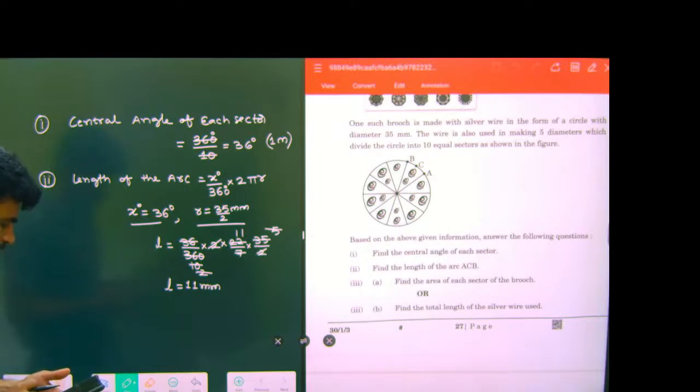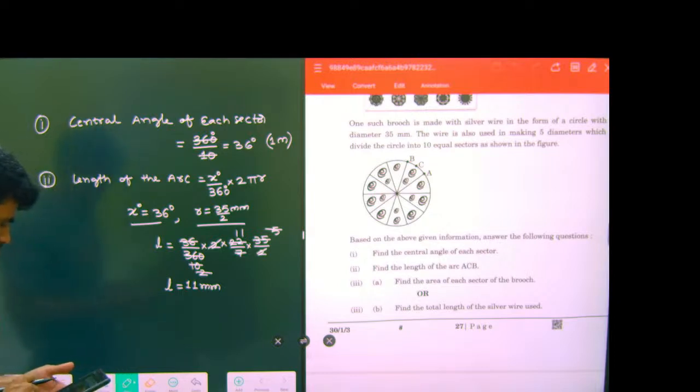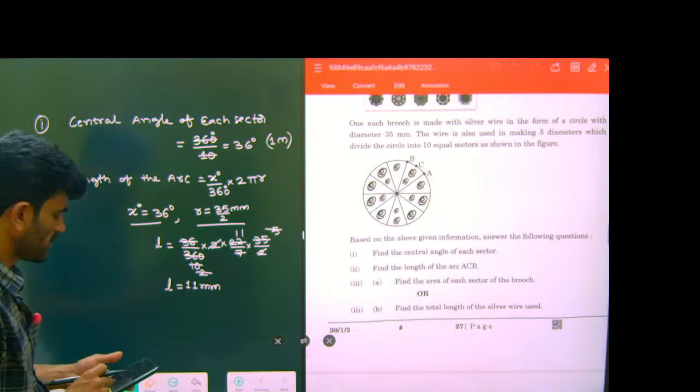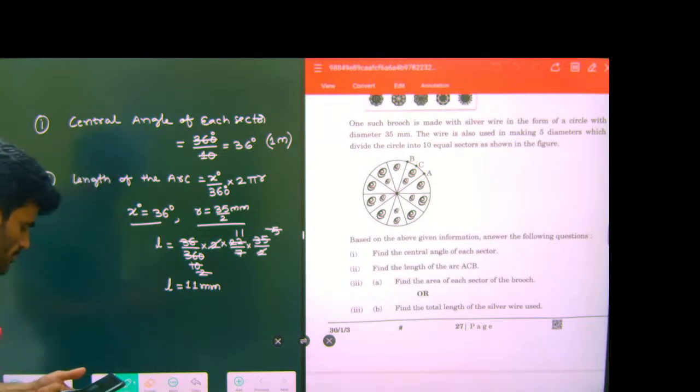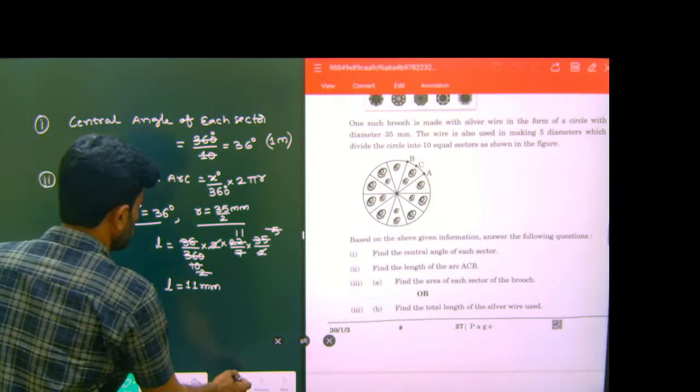And the next question is to find the area of a sector, of each sector. What is the formula for the area of a sector? We go to the next page.